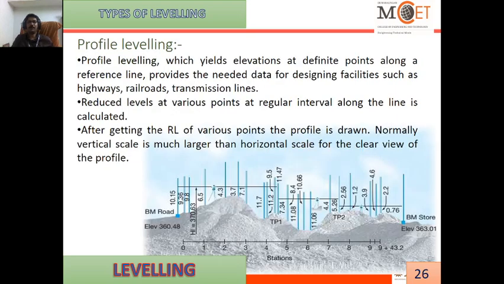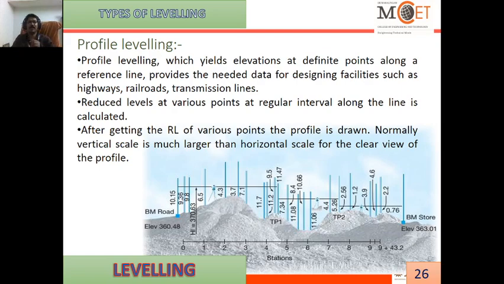Next, to obtain the profile of our earth surface, it may be in the longitudinal direction or in the cross-sectional direction. Profile means how the earth is from one point to another, the longitudinal profile and the cross section.